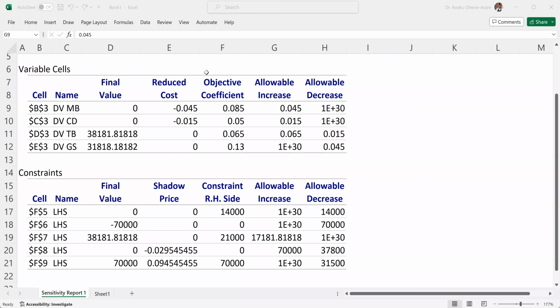Sir, please, you multiply the final value by the objective coefficient. Do it. Next person. Adams. Yes, sir.